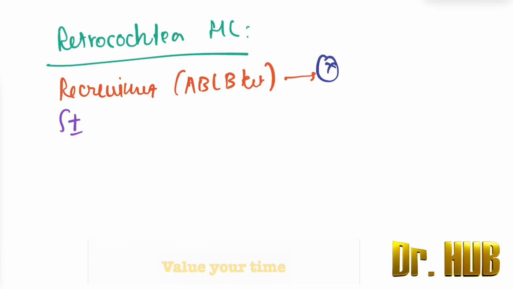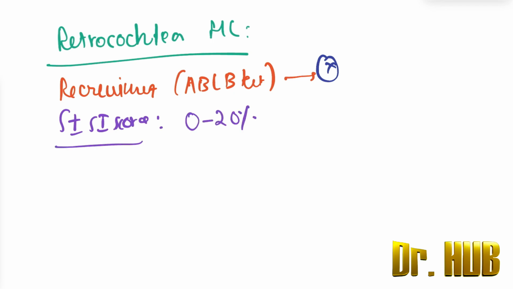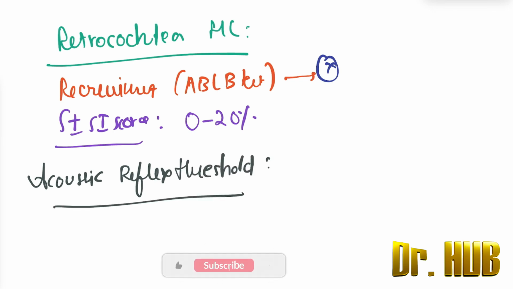Then the SISI score is about 0 to 20%. Next, the acoustic reflex threshold is increased in retrocochlear hearing loss.